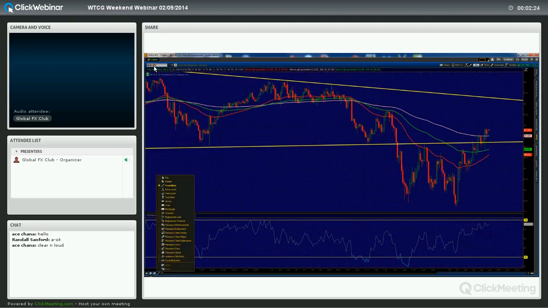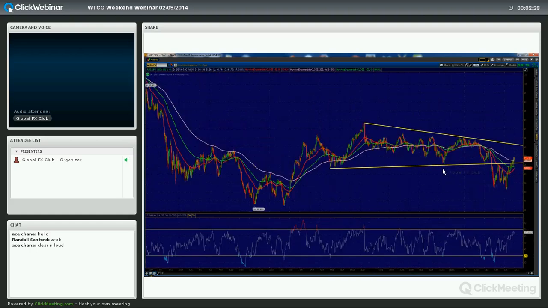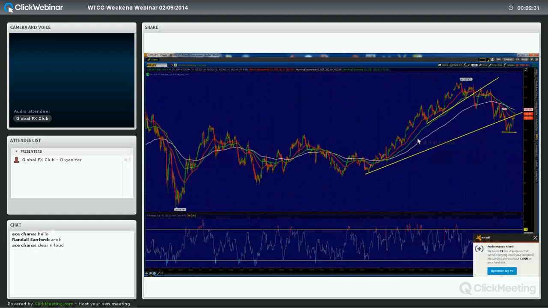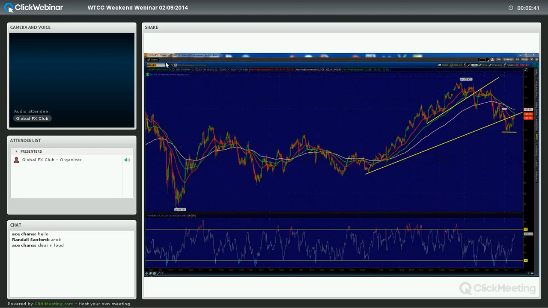So it looks like a fairly tame open. That's great. Dollar yen is up a little bit, but again, not overly significant. Let's start with the euro and go from there.